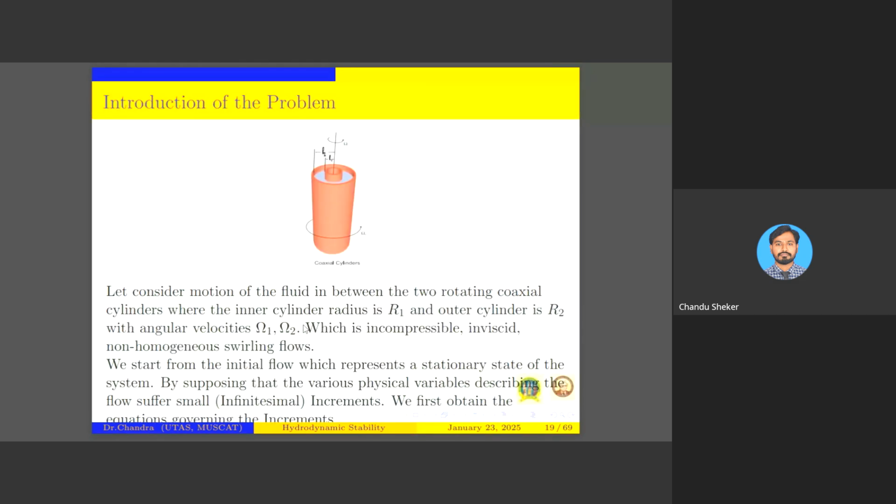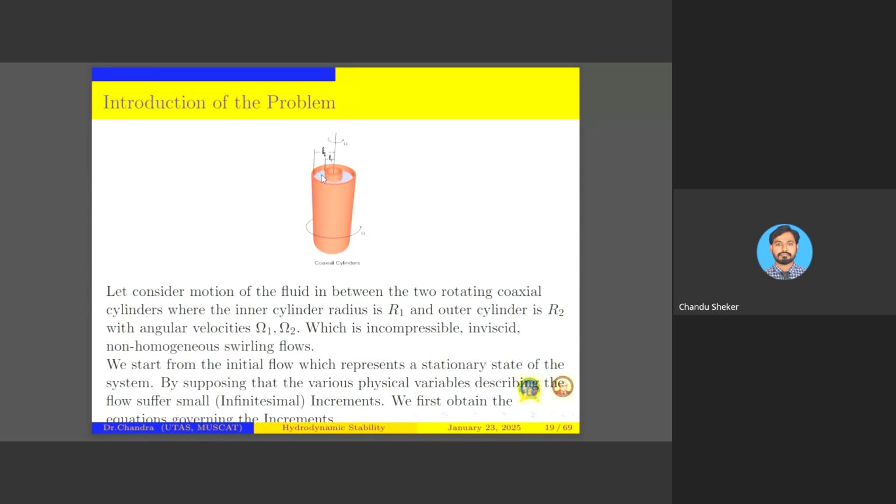Now let us come to my problem. We are taking two rotating coaxial cylinders and considering the fluid in between them.